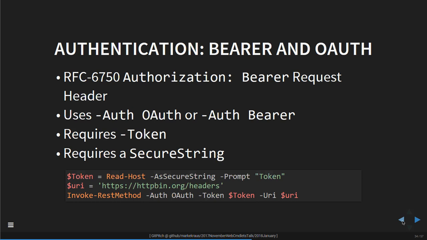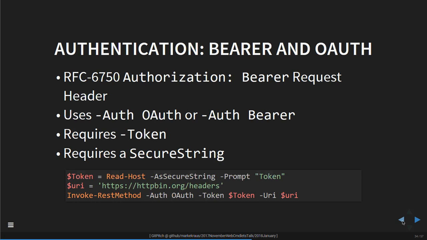So the bearer and OAuth, it's basically the same thing. Bearer is the name of the type of authentication, and OAuth is its more commonly referred to name. They both do the exact same thing, but they're included just for convenience. They're RFC 6750.